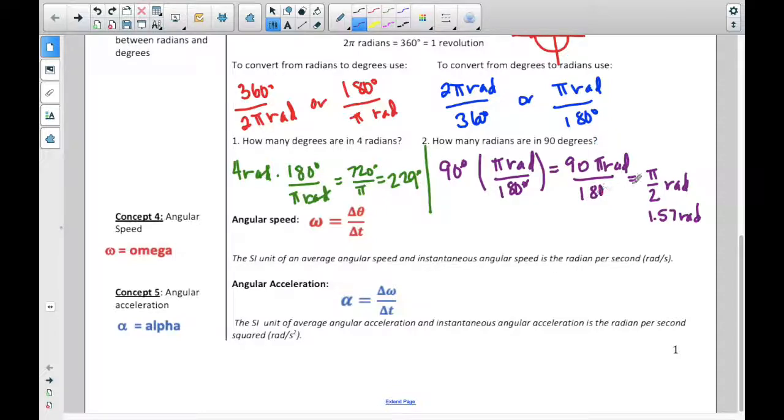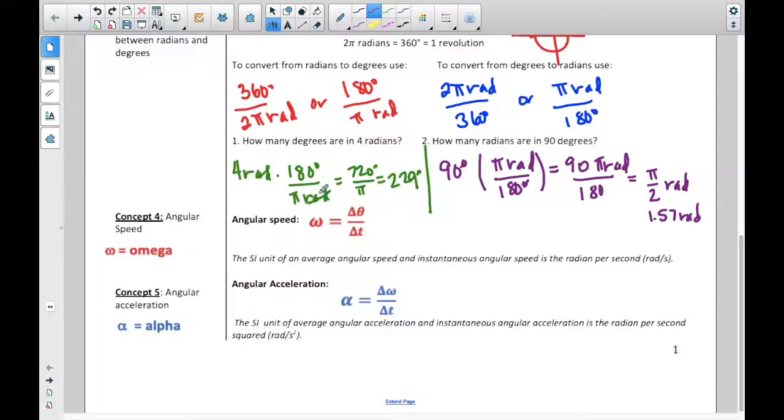And 90 pi divided by 180, we can call that pi over 2. In math class, you would just leave that as pi over 2. Sometimes we might want to go ahead and leave that as a decimal, though, 1.57 radians. It kind of depends on the context, and we'll run across some examples of that as we go along. But that's how you do the conversion rate.